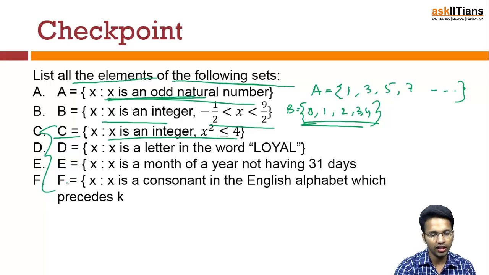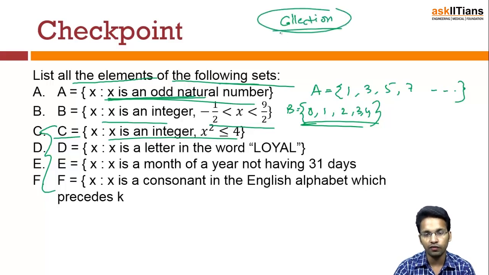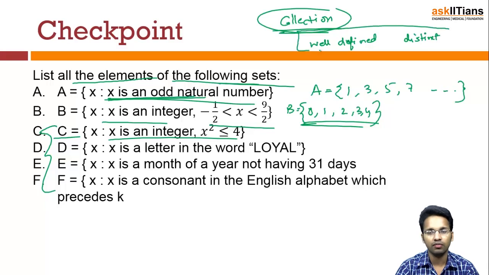One thing is a collection, but every collection is not a set, remember. A set is a collection of well defined and distinct objects. These two are the crux: both things should be satisfied, and only then does it become a set.